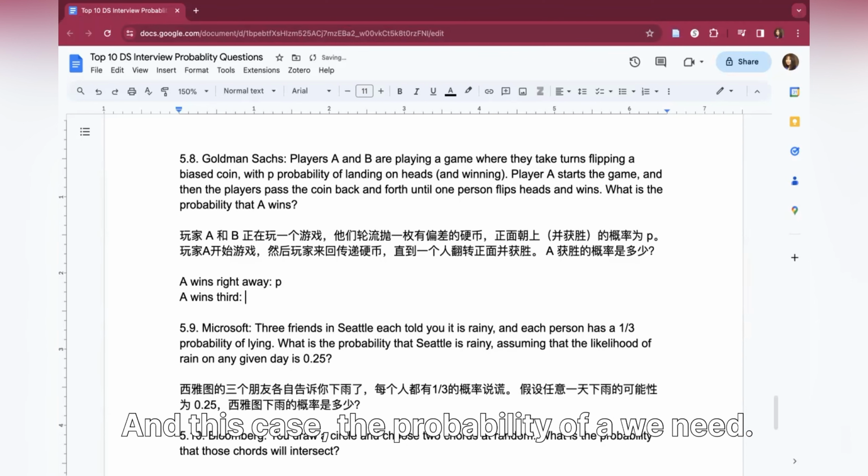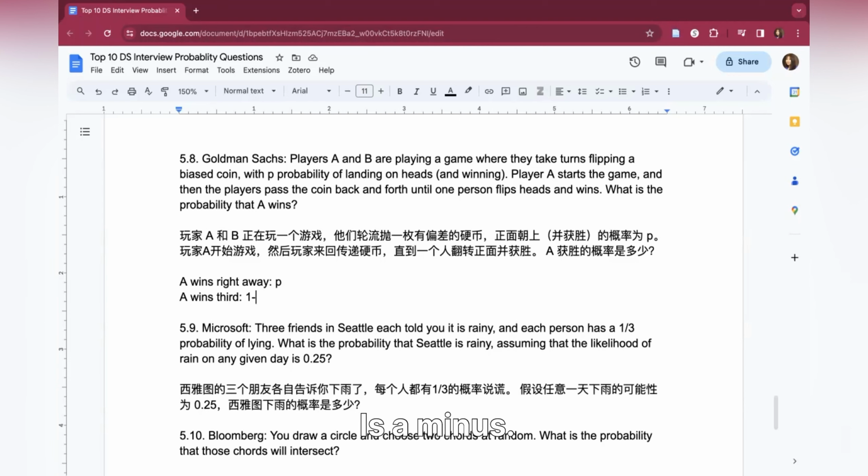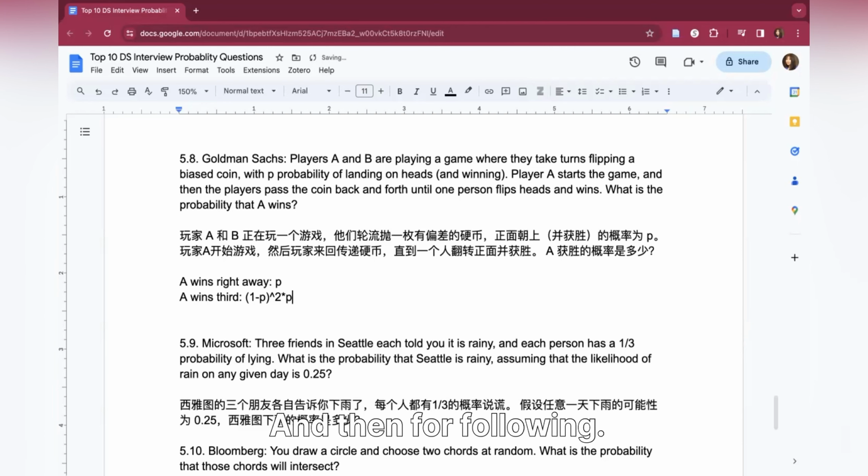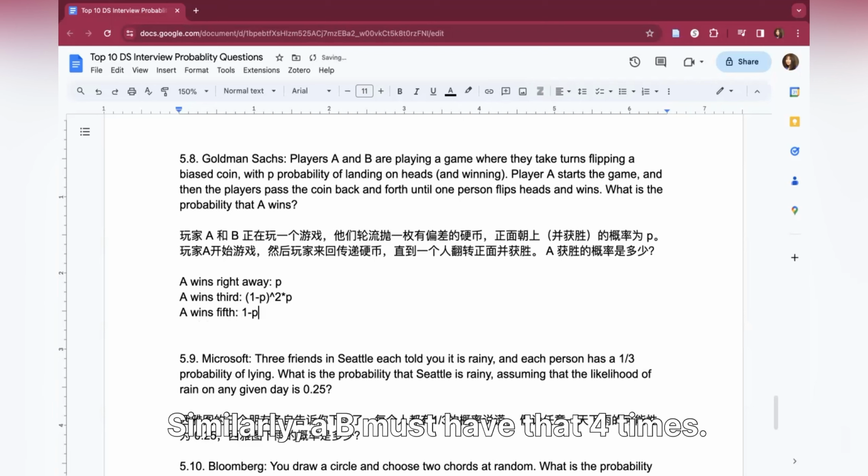In this case, the probability of A winning on the third time of the game is (1 minus P) squared, since B has failed twice, times P. And then the fifth time, A wins the fifth time, and similarly B must have failed 4 times, times 1 time that A wins.